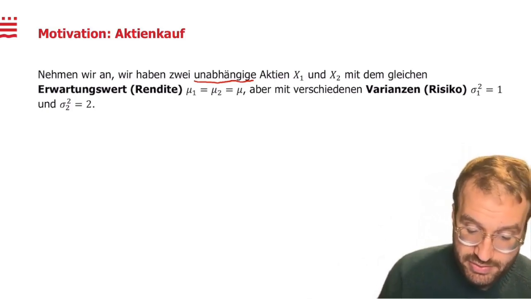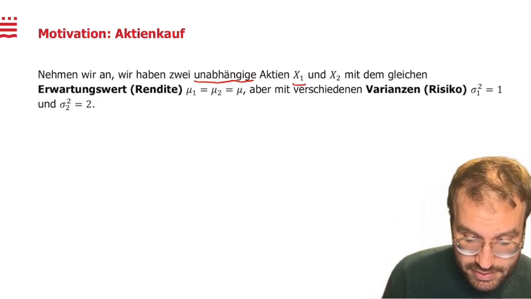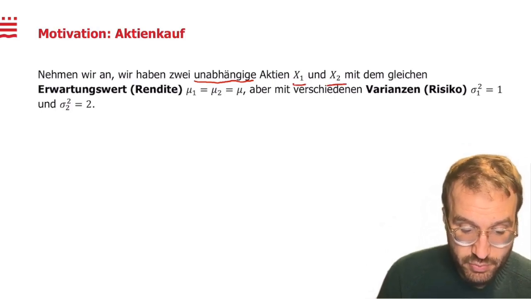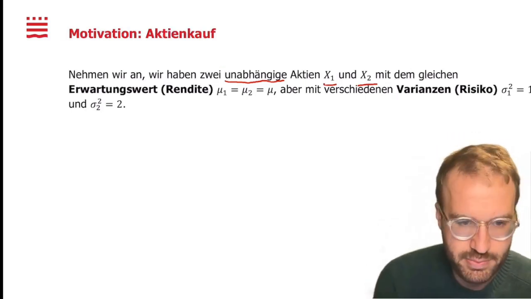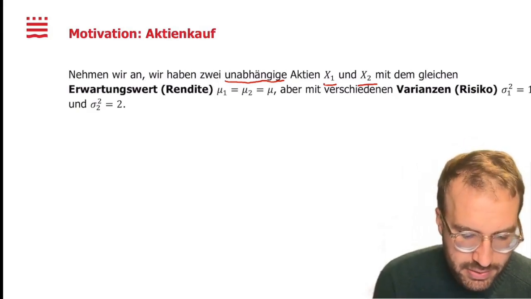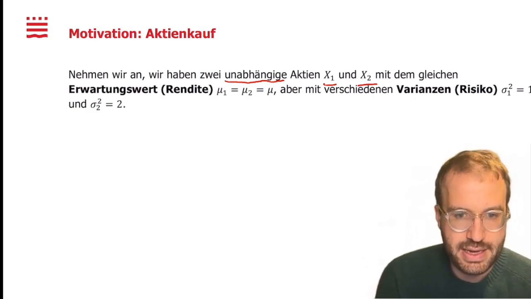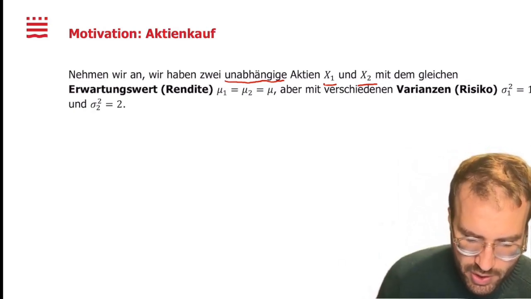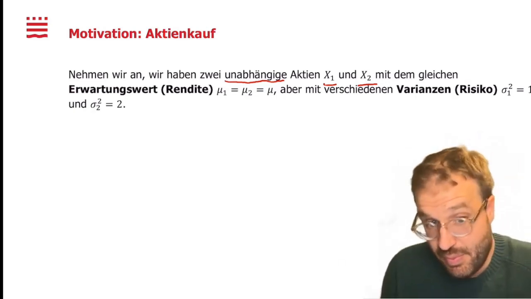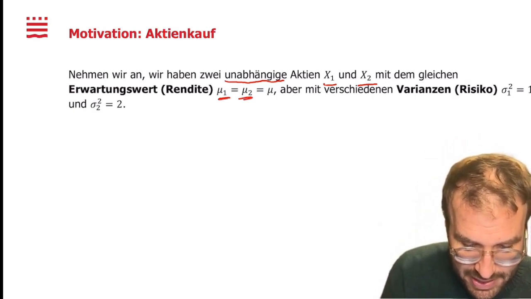So let's assume we have two stocks, and we label them as X and Y. What these random variables describe are returns, meaning how much the gain of a stock is at a given time. And exactly what we know or what we assume is that they have the same expected gains.